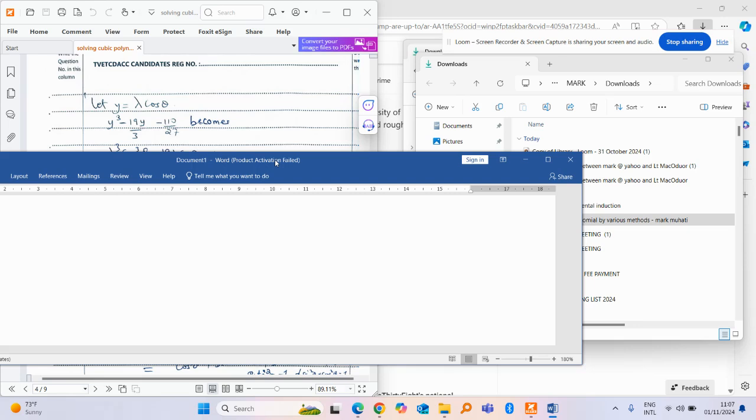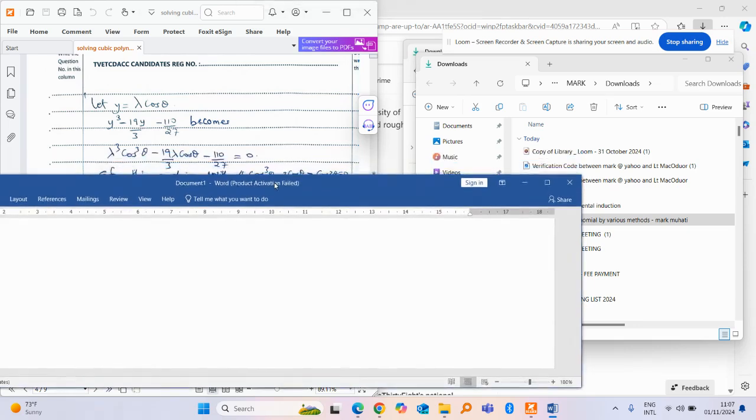If you substitute that, you get lambda cubed cos cubed theta minus 19 lambda cos theta over 3 minus 110 over 7 equal to 0.